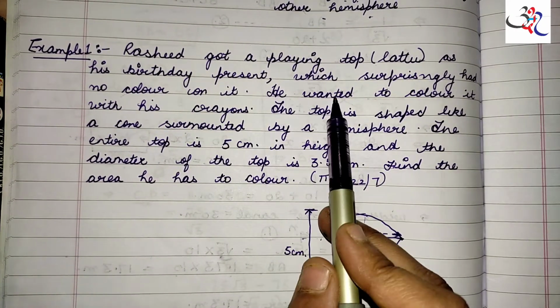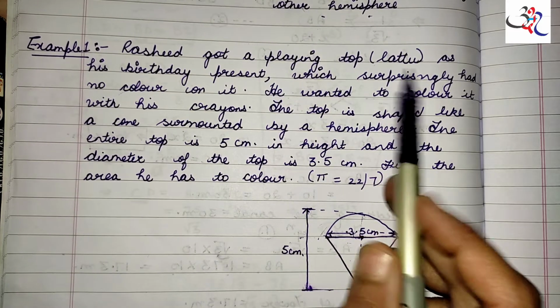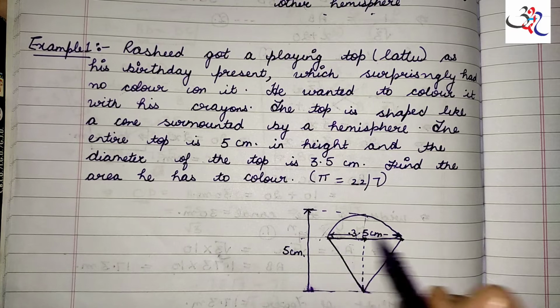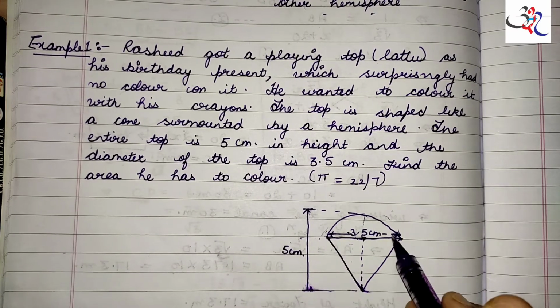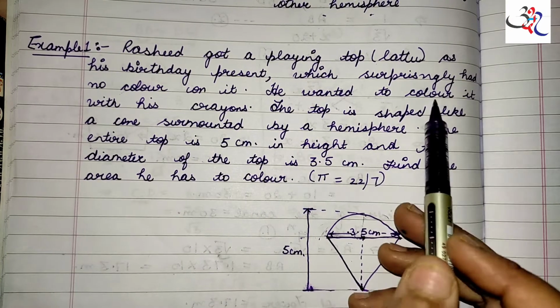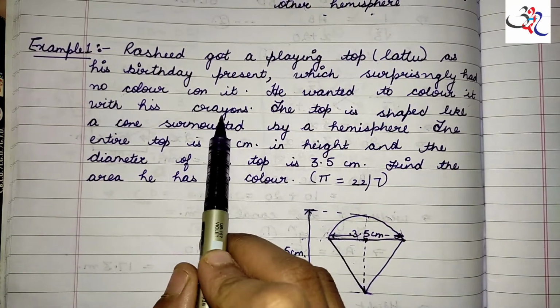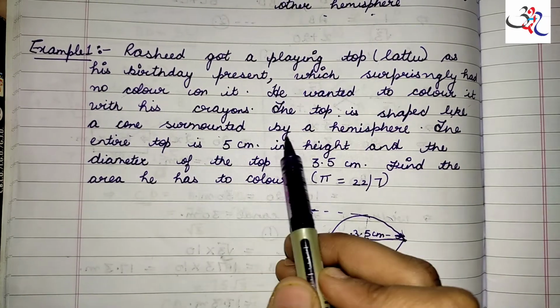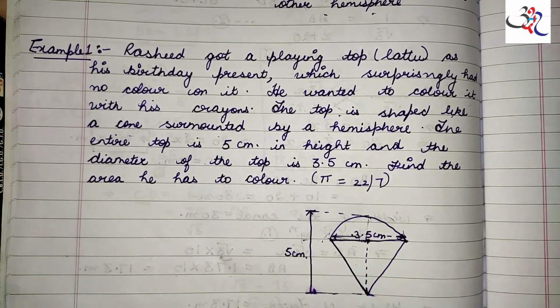Then he wanted to color it. So what is the shape of a lattu? You know very well that it is somewhat a cone with a hemisphere. So what he wanted to do was color it with his crayons. The top is shaped like a cone surmounted by a hemisphere.